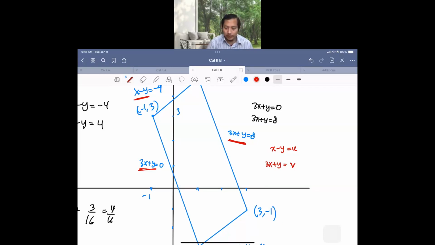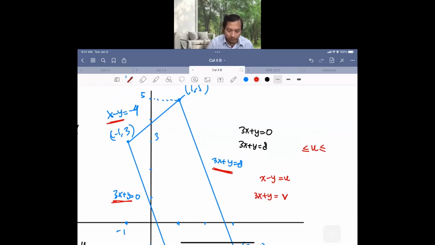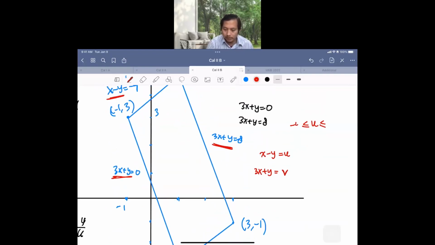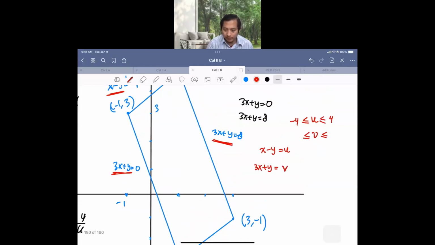So if we did this, then u is basically negative 4 and 4, right? And v is 0 and 8.